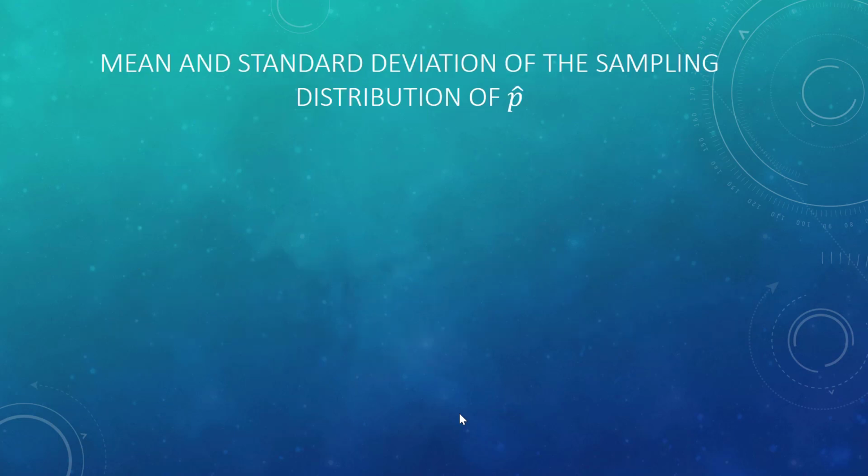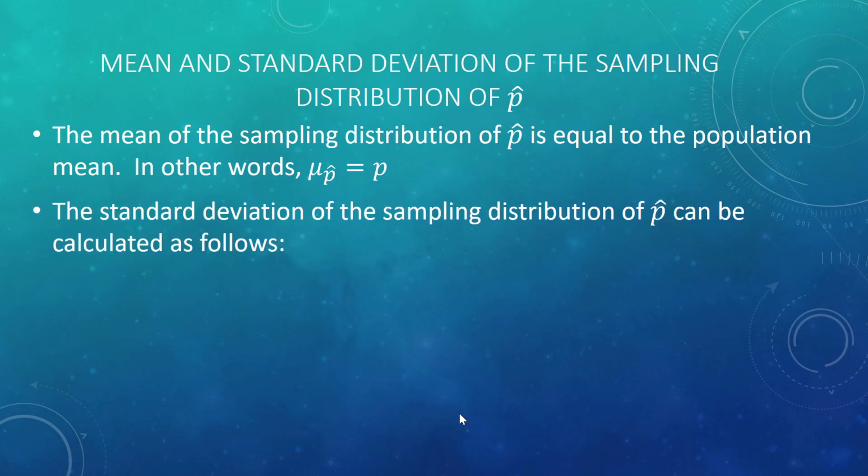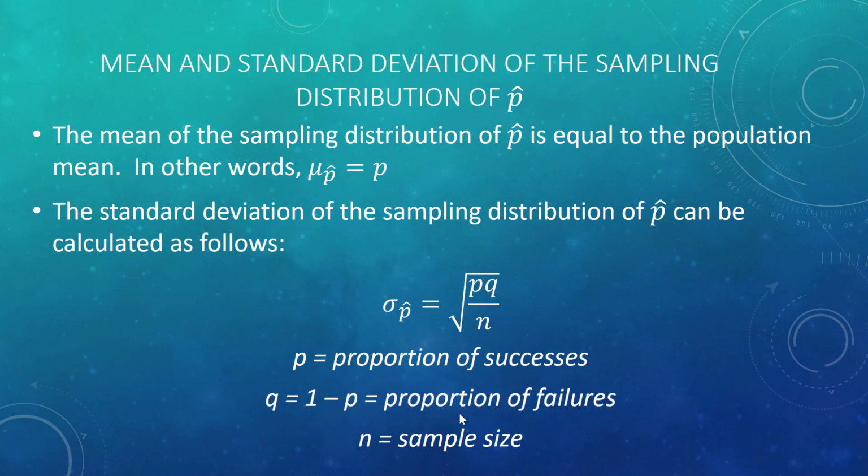So let's talk about the mean and standard deviation of a sampling distribution. The mean of the sampling distribution is the population proportion p. The standard deviation has to be calculated using this equation. The standard deviation of the sampling distribution of p hat, that's sigma sub p hat, is equal to the square root of pq over n, where p is the proportion of successes, q is equal to 1 minus p, or the proportion of failures, and of course n is our sample size.